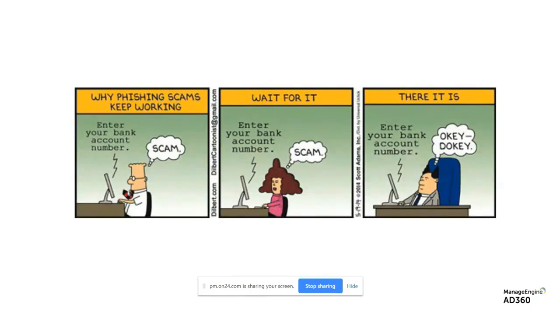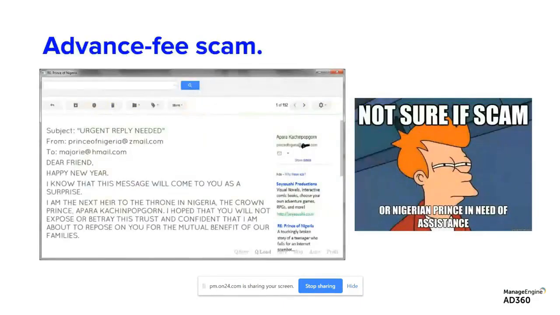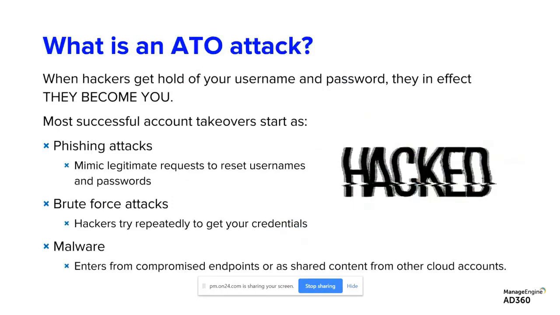What do your users do the moment they see an email that says, do not open? The first thing they do is open the email. What do your users do when there's an attachment that says, do not download? They download the attachment. So account takeovers are taking place as we speak.